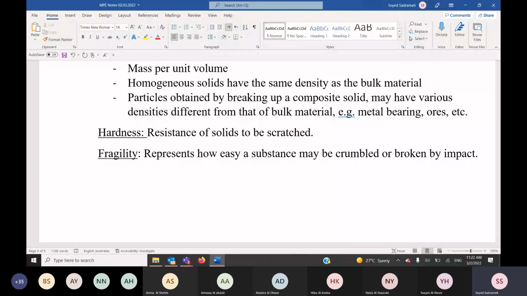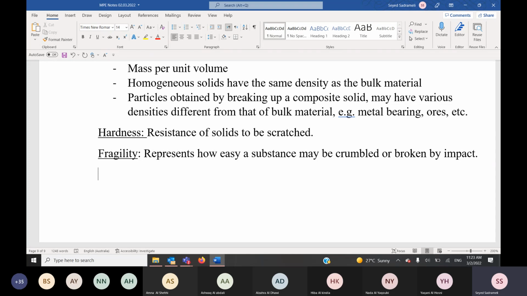Can we classify them as fragile or hard materials? Or let's say flour powder, when it comes together as a pack, when you touch it by hand, it turns to powder.